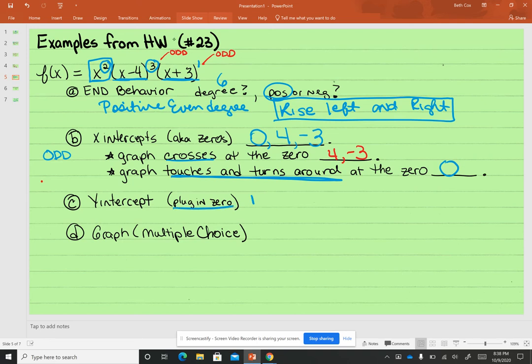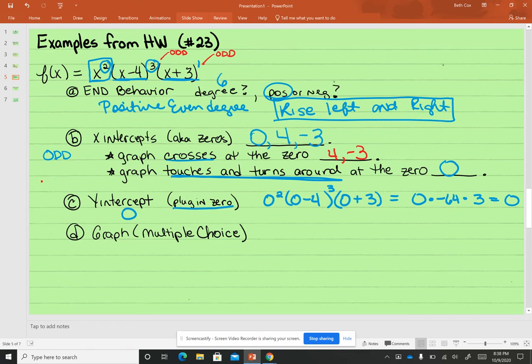If I plug in 0, I'm going to get 0 squared, 0 minus 4 to the third, 0 plus 3. And that's going to give me 0 times negative 64 times 3. Well, you know 0 times anything is 0. So my y-intercept is at 0.